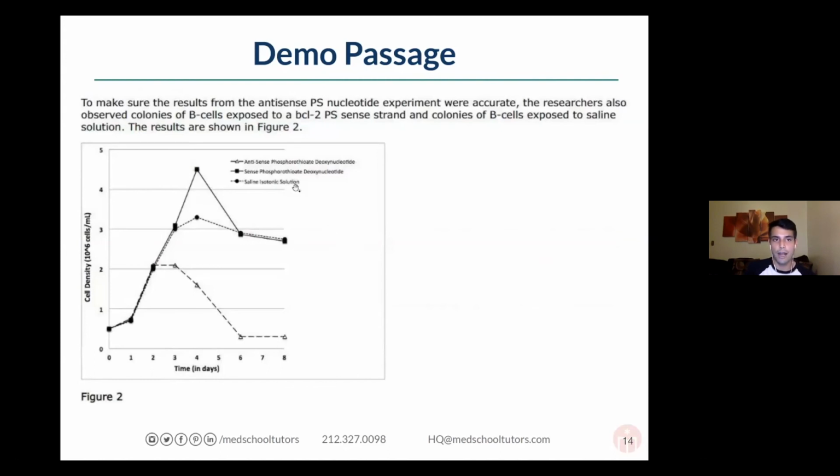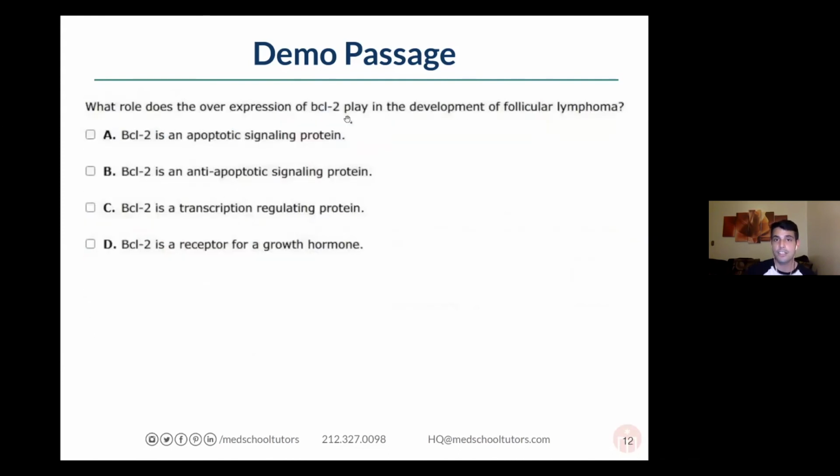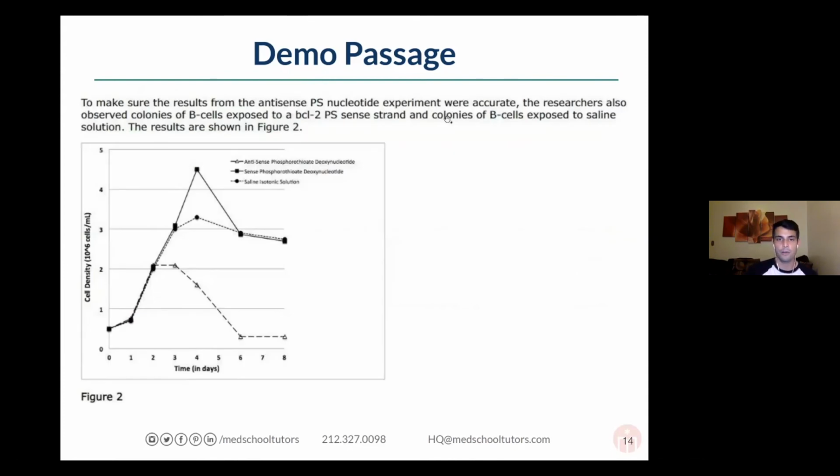Going back to the figure, because the question I'm trying to answer has to do with it: what role does the overexpression of BCL2 play in the development of follicular lymphoma? Let's see what happens in this figure, and we'll use the TAP method. Unfortunately, there's no title, but that would be the T. Next is axes.